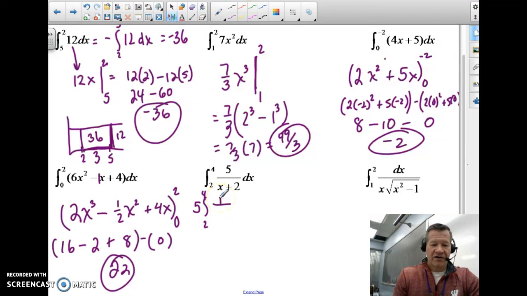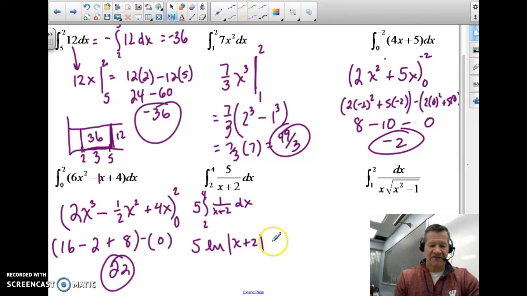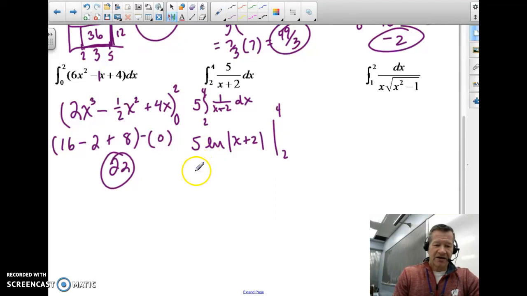So 1 over x plus 2, when I take that antiderivative, you're going to get the natural log of, now technically you're going to learn it's the absolute value of x plus 2 because you can't take the log of a negative. You can only take the log of positive numbers. However, because I'm plugging in positive numbers anyway, it really wouldn't be a big deal yet. Okay, so what do I get here? 5 times, put in 4. I get natural log of 6 minus, put in 2, natural log of 4.